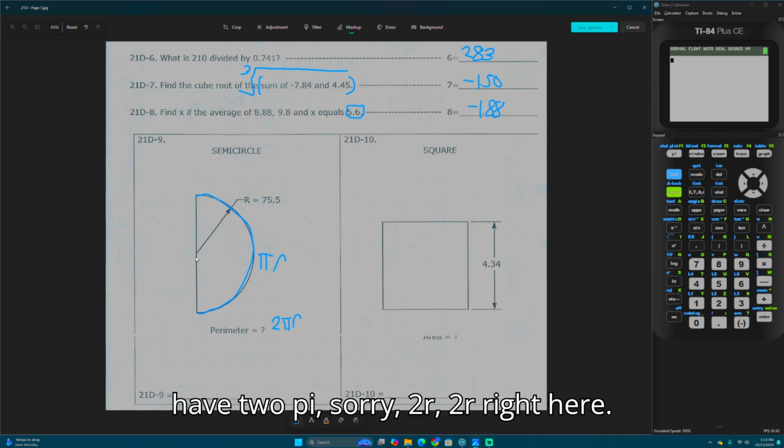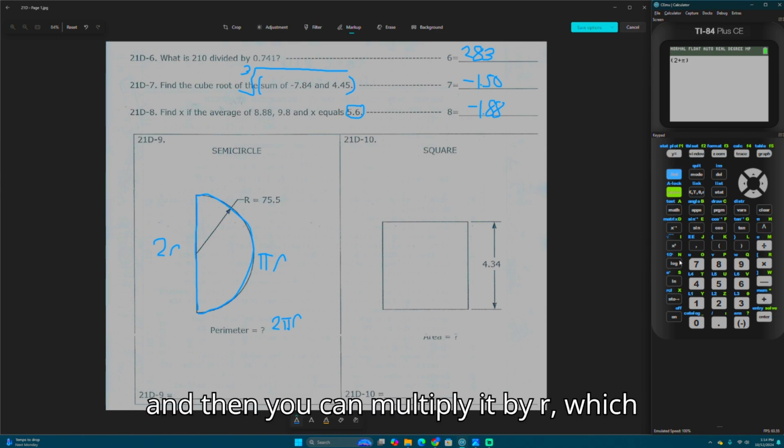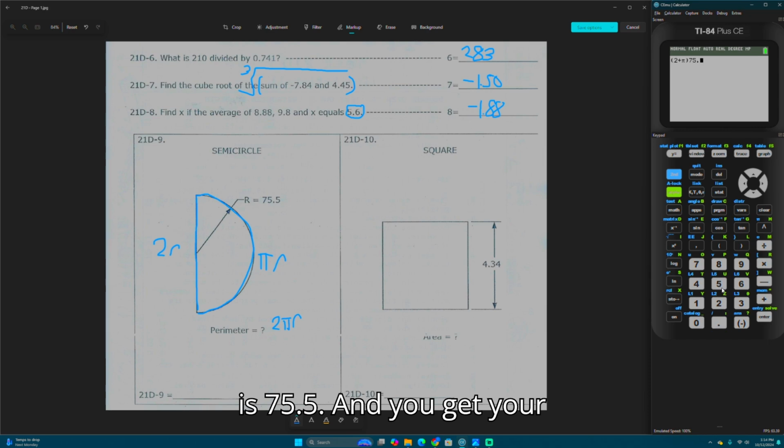You also have 2r right here. So it's 2r plus pi r, which you could rewrite as 2 plus pi in parentheses, multiplied by r, which is 75.5. And you get your answer to be 388.